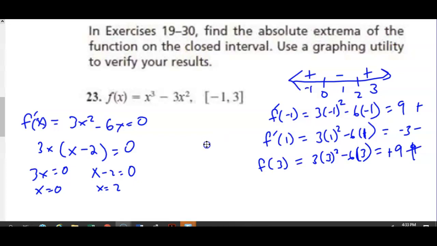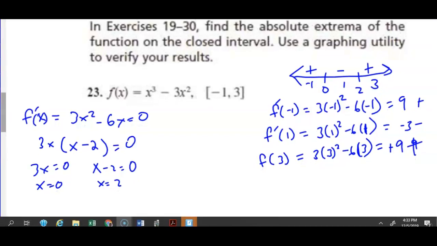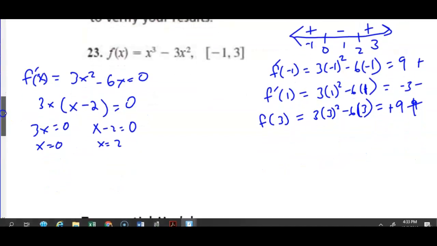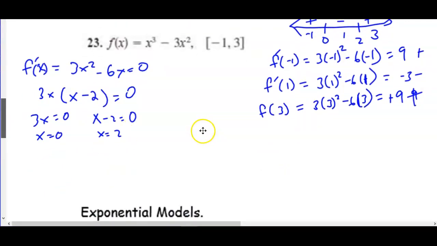But anyway, what you got to do now, because we have these endpoints right here, is we got to check f of 0 in the original. So 0 cubed minus 3 times 0 squared equals 0. So we got a max at (0, 0).